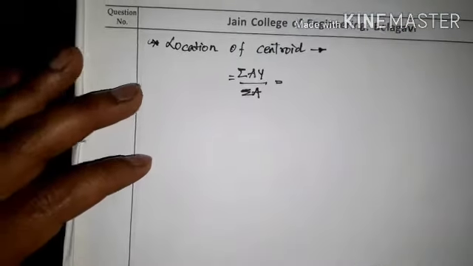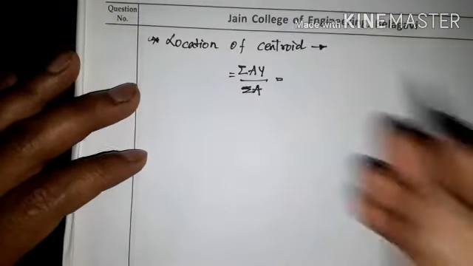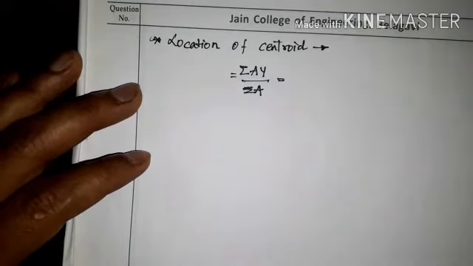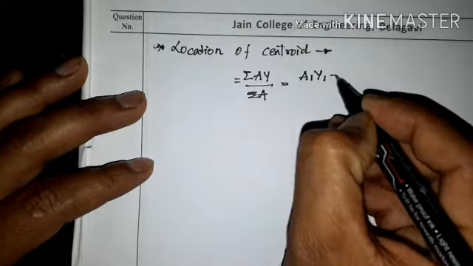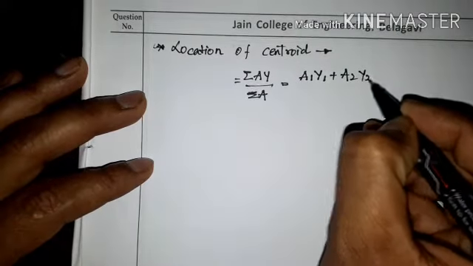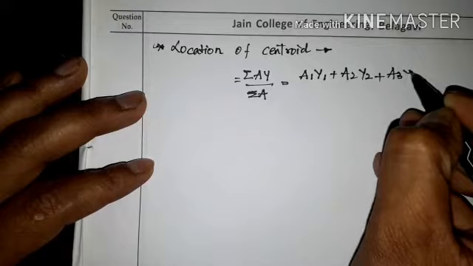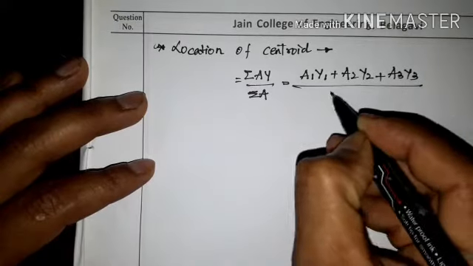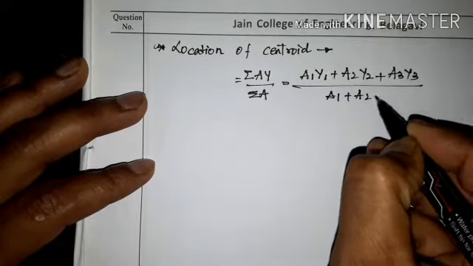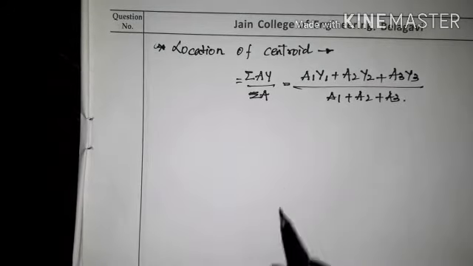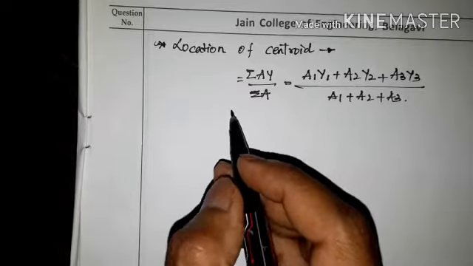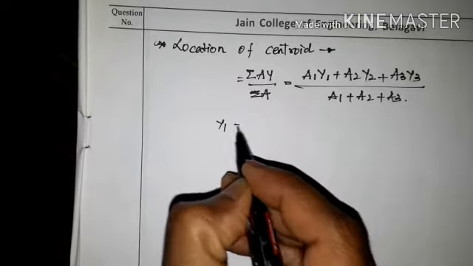So it will be a1 y1 plus a2 y2 plus a3 y3 divided by a1 plus a2 plus a3. We will find y1, y2, y3 first, so later it will not be problematic.